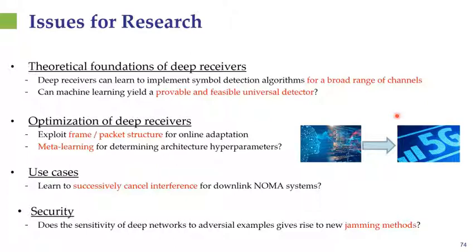Additional use cases can be considered. We have looked at receivers designed for finite memory channels and for uplink MIMO channels. For downlink MIMO channels, for example, we know that successive interference cancellation combined with superposition coding can approach the capacity region of downlink NOMA systems, motivating looking into the implementation of these model-based algorithms in a data-driven fashion.